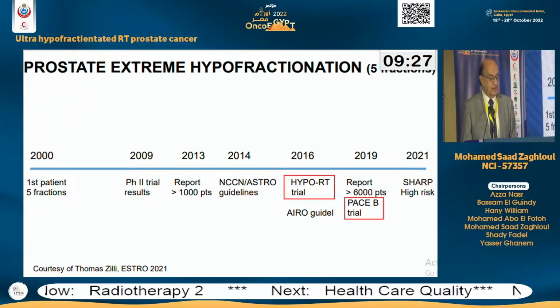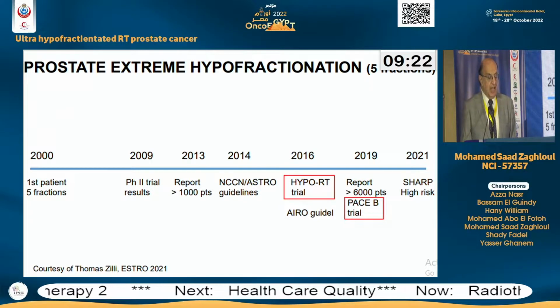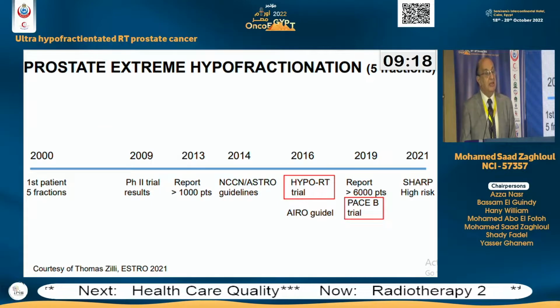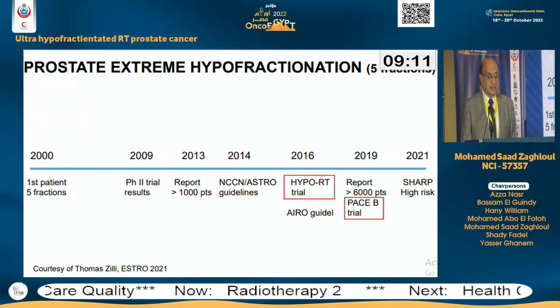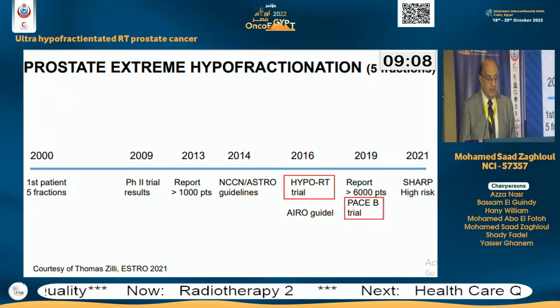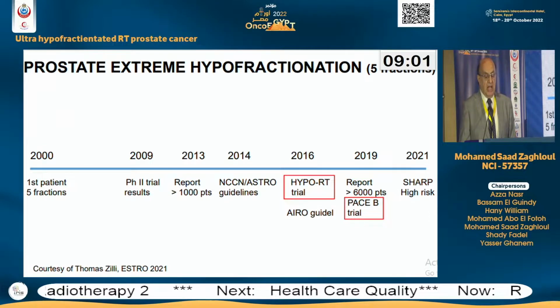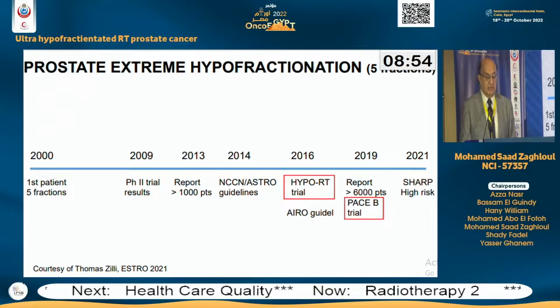In 2009, phase 2 trial results appeared, and in 2014, the NCCN and ASTRO guidelines recommended SBRT. Then came the HYPO-RT trials, and in 2019, a report of more than 6,000 patients was published.